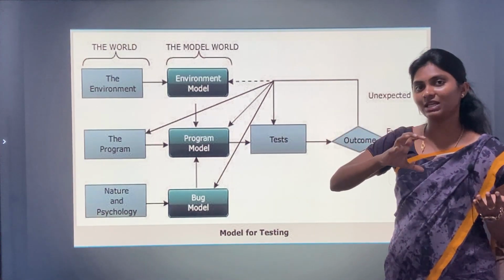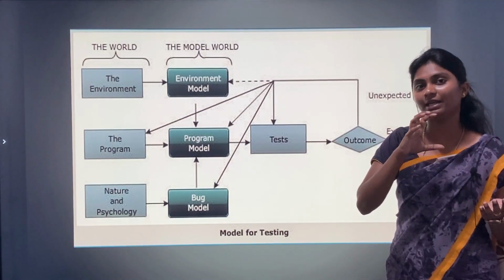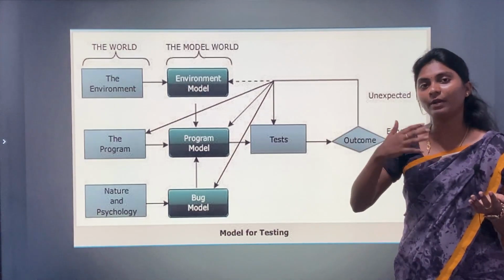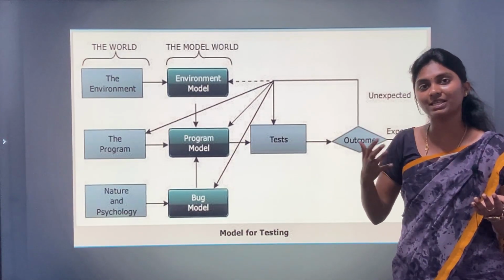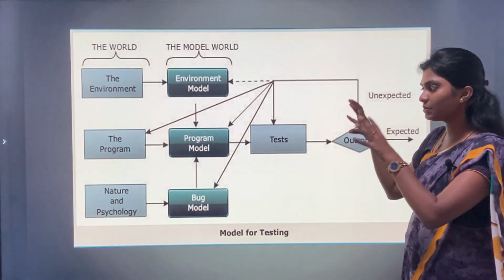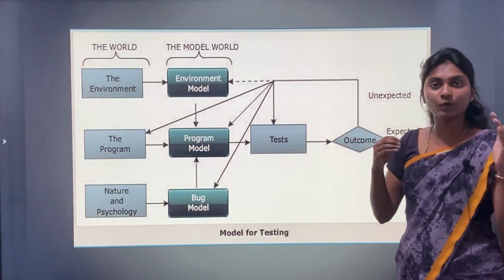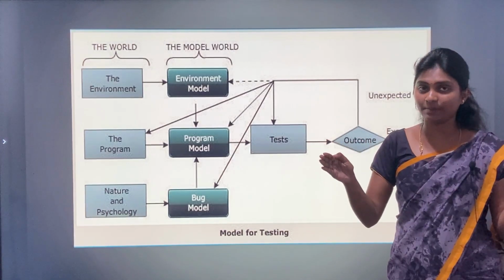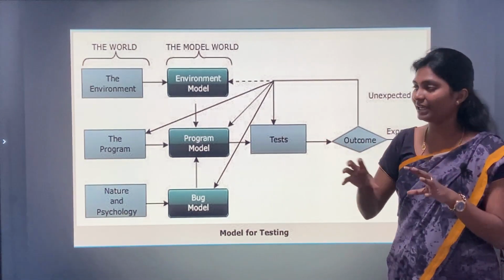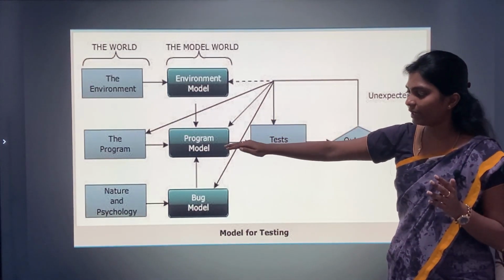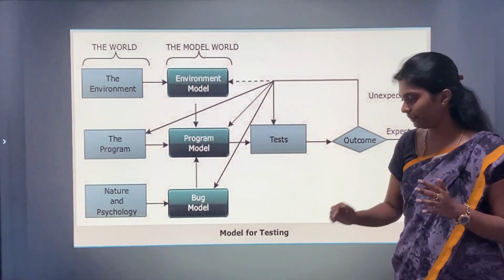So from the first state, requirement analysis and design phase, till the maintenance phase, it will continue, and the program will continue processing the data. From requirement analysis to the last maintenance phase, we will rectify it in a single word, which is nothing but the environmental model, program model and bug model.